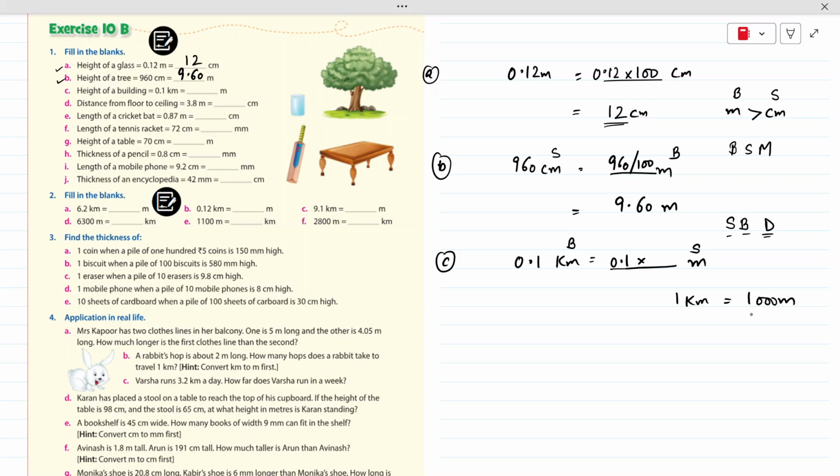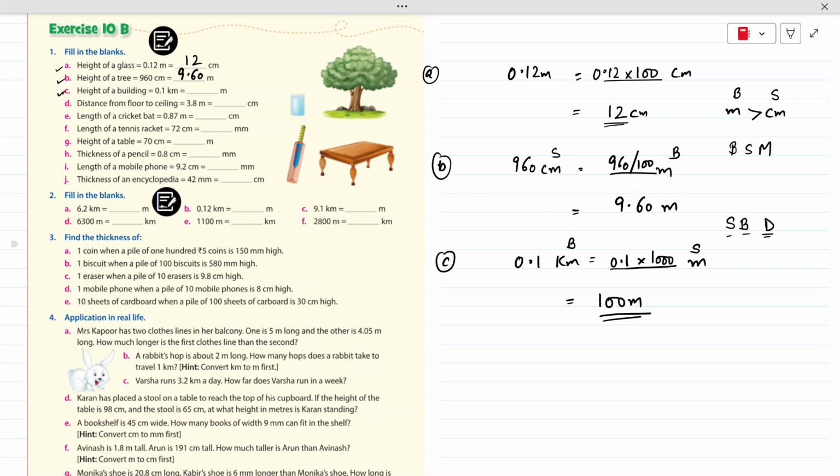This is a relationship we have learned. When we multiply this, we get 100 meter as the answer. We have learned multiplying a number with a decimal number in our previous chapter, so the same thing we are using here.